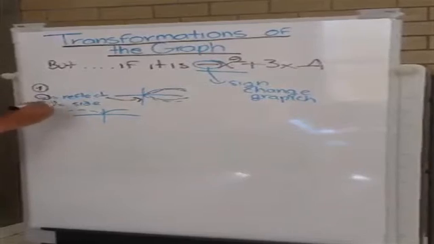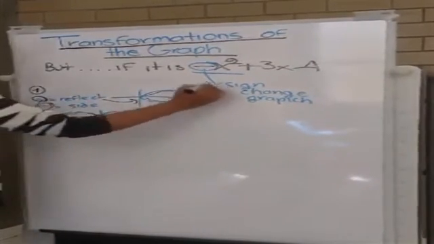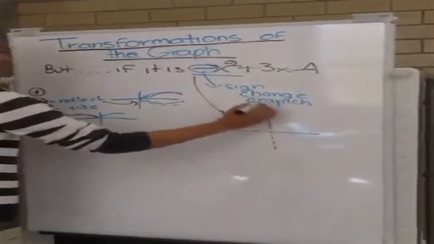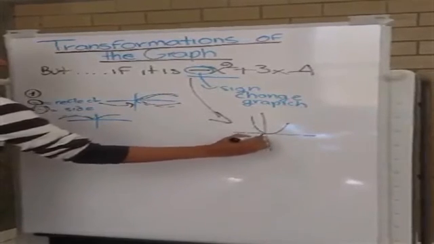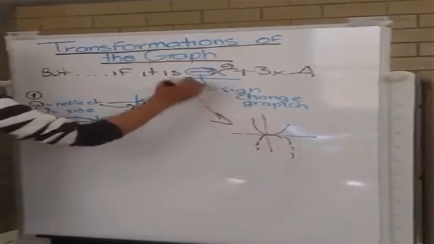And when the minus sign is in parentheses, the reflection will be like a mirror. So, in this example, our quadratic function is going to reflect like a lake.